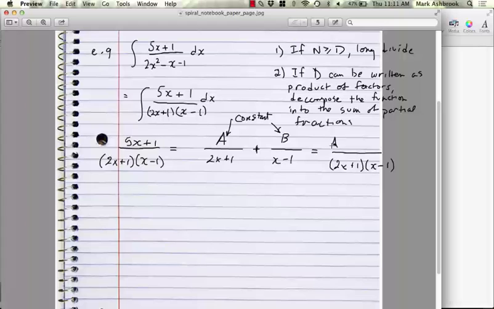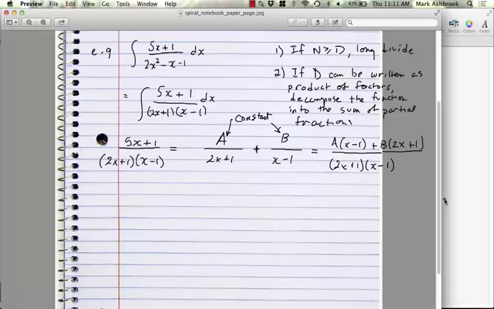So then this is going to be a times x minus 1. And then, so that we get the common denominator here, we're going to multiply top and bottom by. Everyone follow that step? Does it make sense?